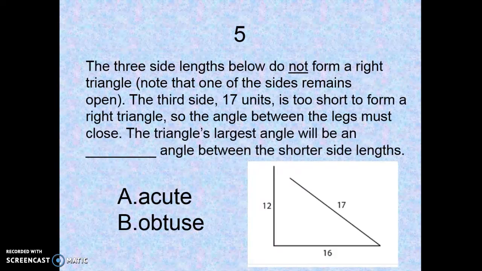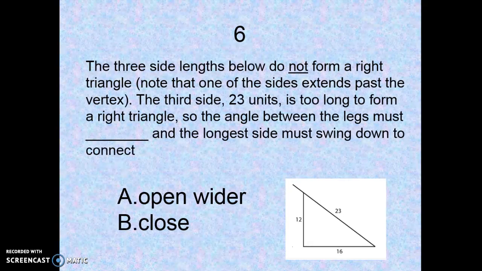All right. Now, I just, again, want you to think about it logically. What would happen to this side if it were to meet the end of this? Okay, are we going to make this angle larger or smaller? Will it become acute or obtuse when we're finished? Same thing here. In order to make this meet up with that, are we going to have to enlarge this angle, open it wider, or are we going to close up this angle?